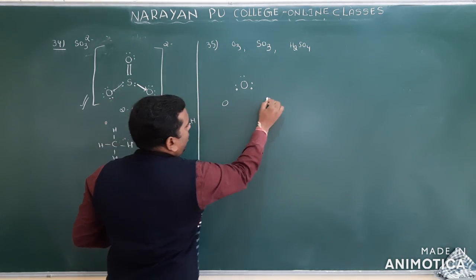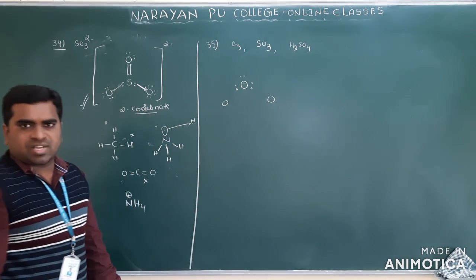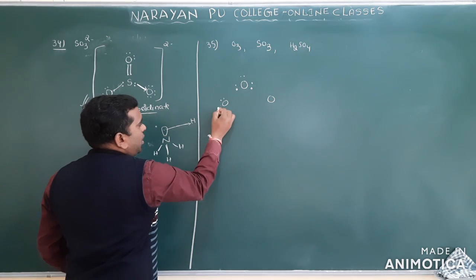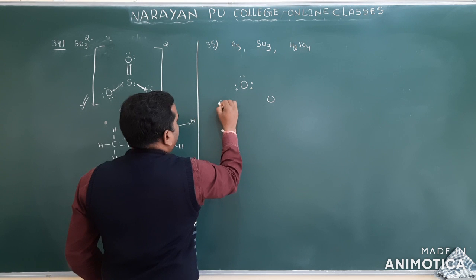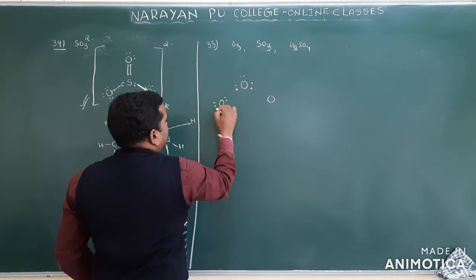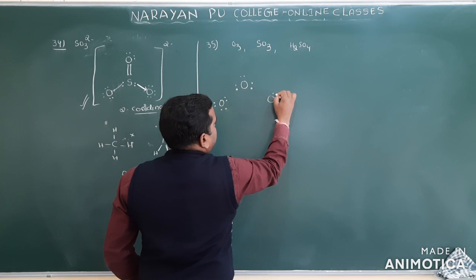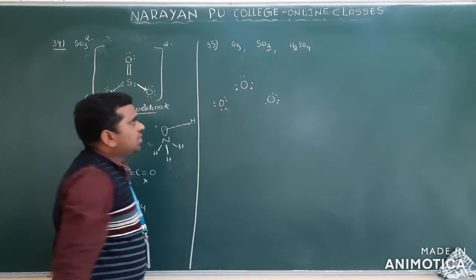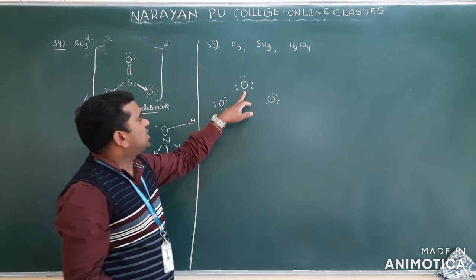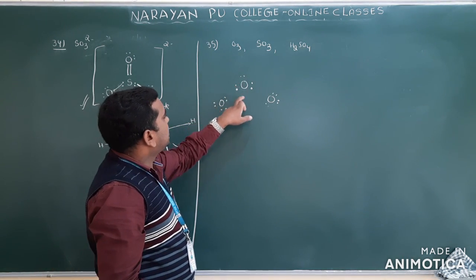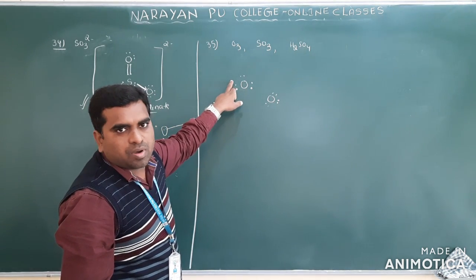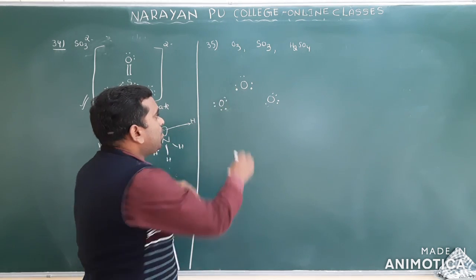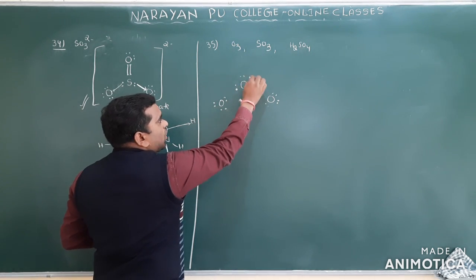Now here one oxygen and here one oxygen. Oxygen also belongs to the 6th group. Now the central oxygen has to fulfill its octet, but it has only 6 electrons.